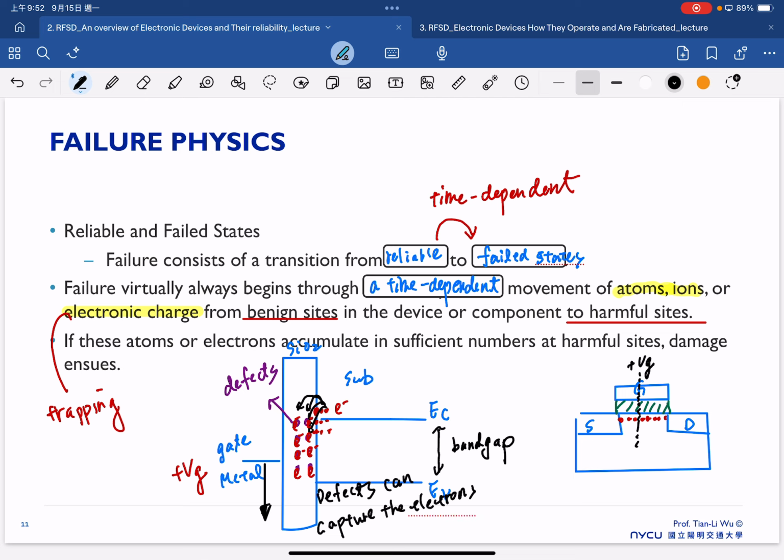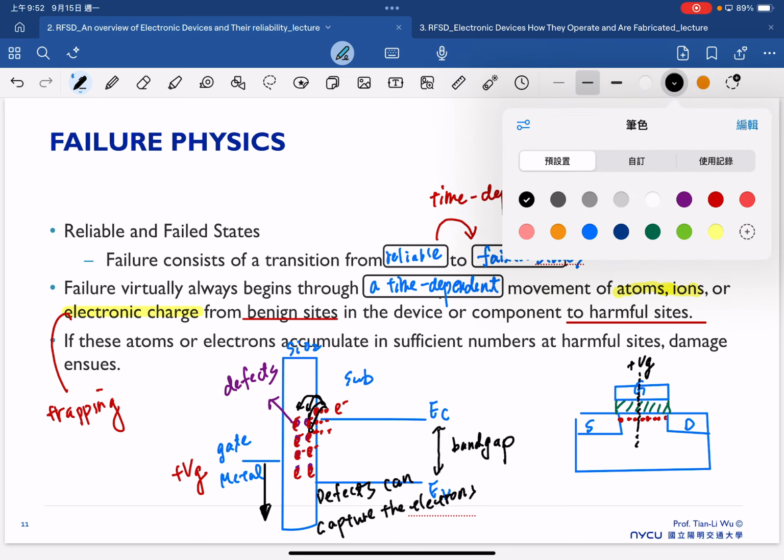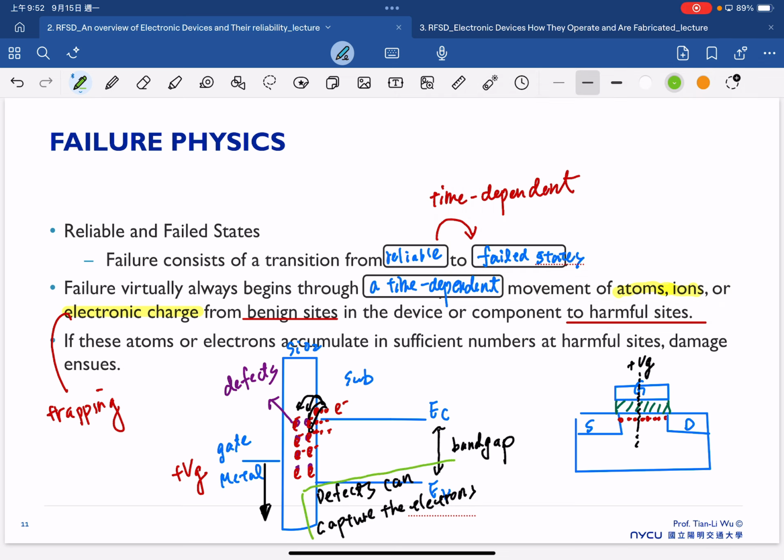And this phenomenon is what we call trapping. So certain electrons are being trapped inside the dielectric. That's why we call this the trapping effect.